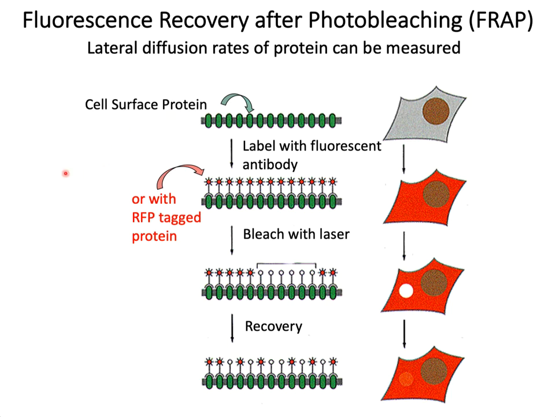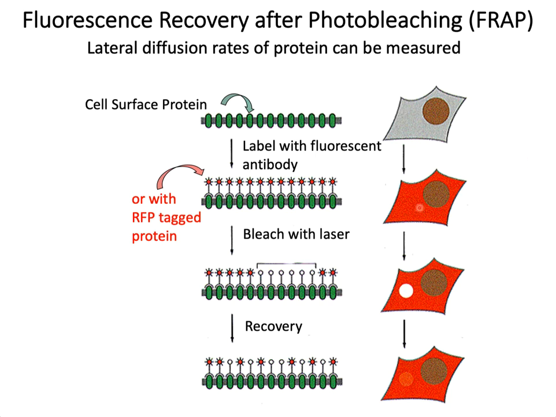Another technique that takes advantage of fluorescence is fluorescence recovery after photobleaching, or FRAP. FRAP can be used to track the mobility of a protein in real time. FRAP relies on the fact that fluorophores do not fluoresce forever.